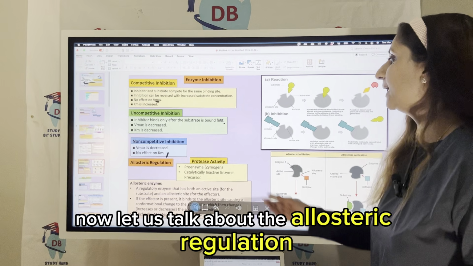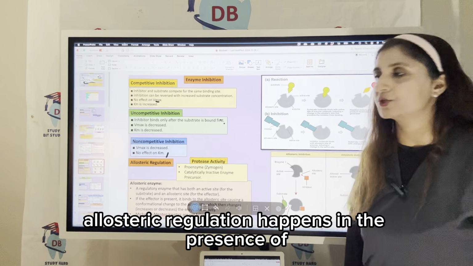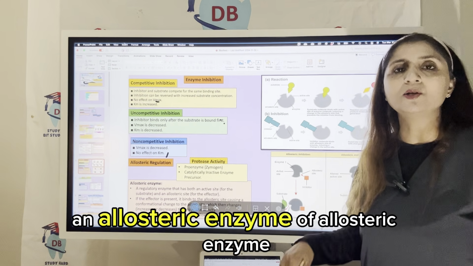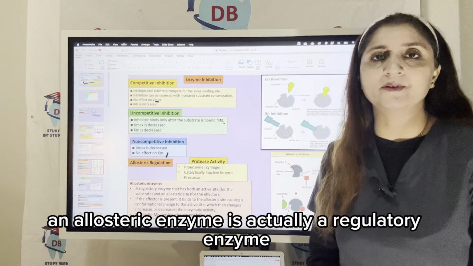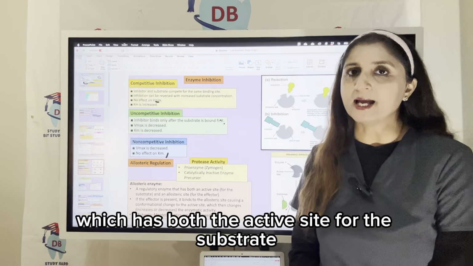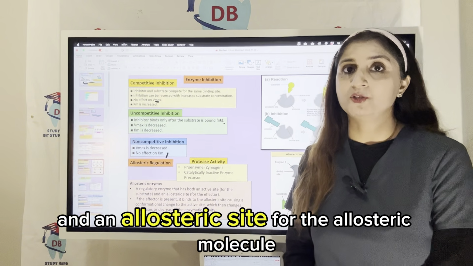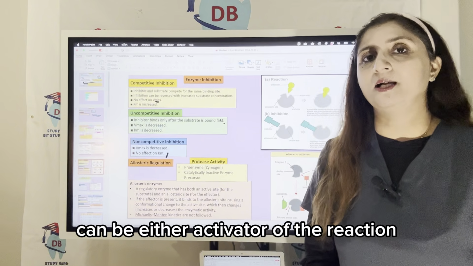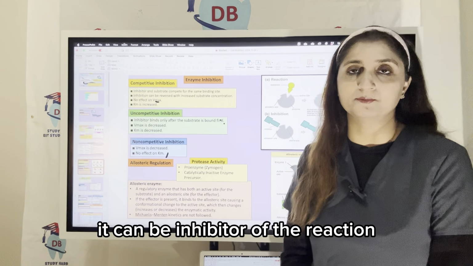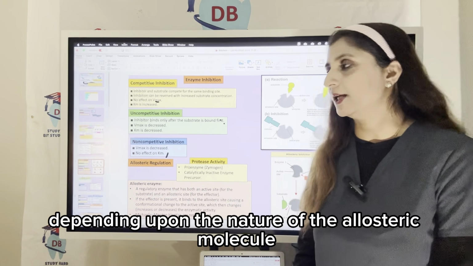Now let us talk about the allosteric regulation. Allosteric regulation happens in the presence of an allosteric enzyme. An allosteric enzyme is actually a regulatory enzyme which has both the active site for the substrate and an allosteric site for the allosteric molecule. Now this allosteric molecule can be either an activator of the reaction or an inhibitor of the reaction, depending upon the nature of the allosteric molecule.